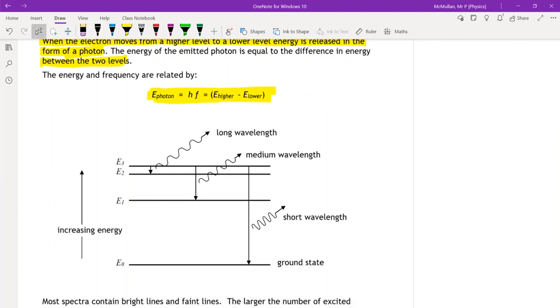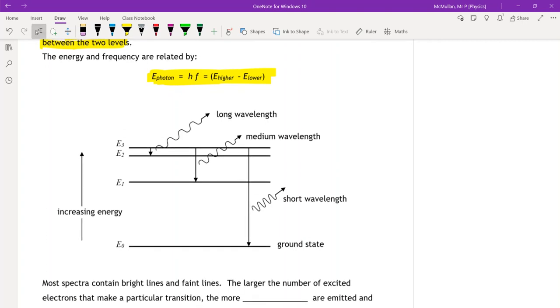So here we've got electrons falling from a higher level to a lower level, E3 to E2. We've got them falling from E3 to E1. We've got them falling from E3 to E0. If we remember, E equals hf, therefore f equals E over h. The greater the energy, the higher the frequency.